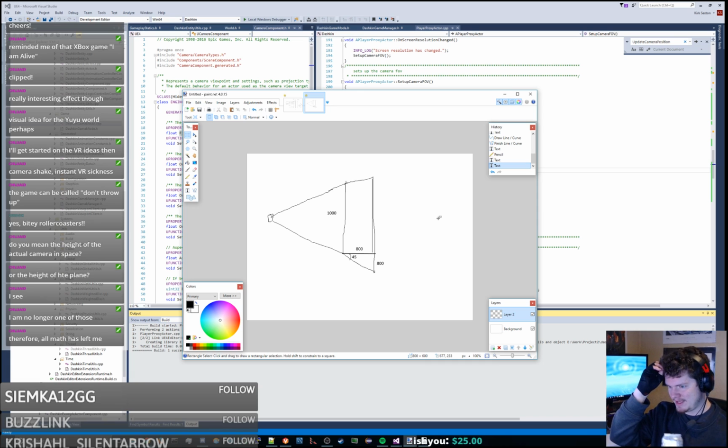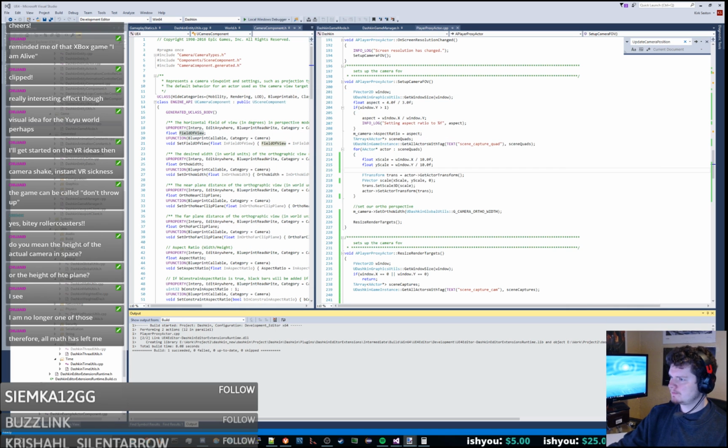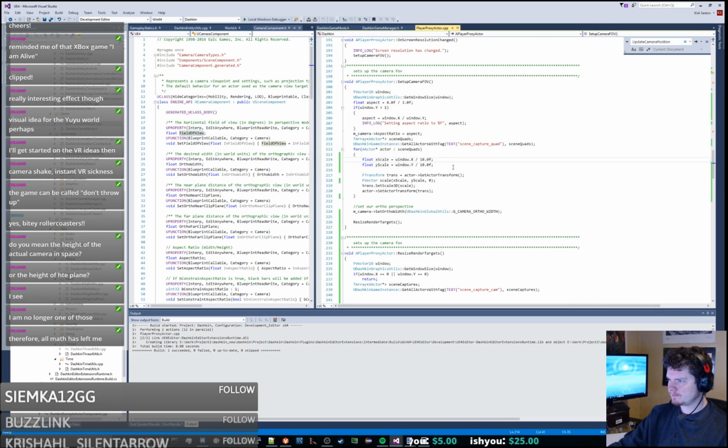So we add 1600 to our scale. So this window X is going to be the actual size that we're going for.